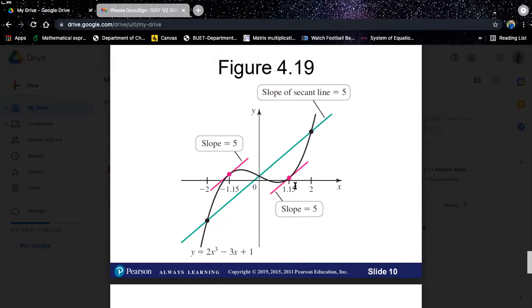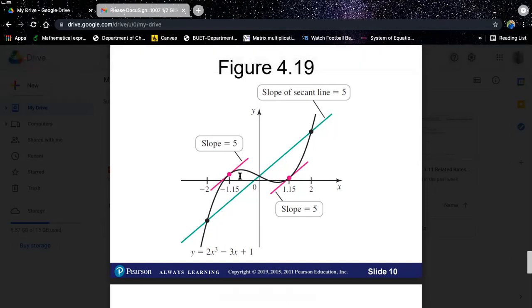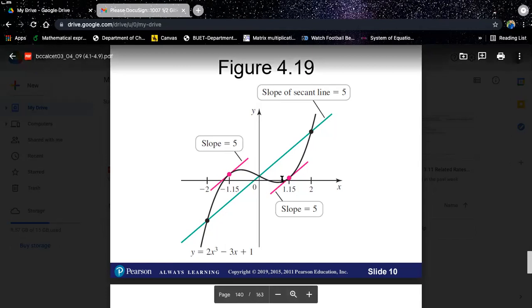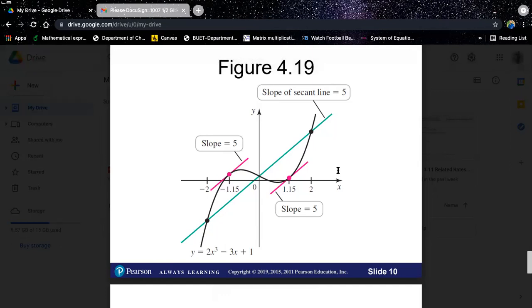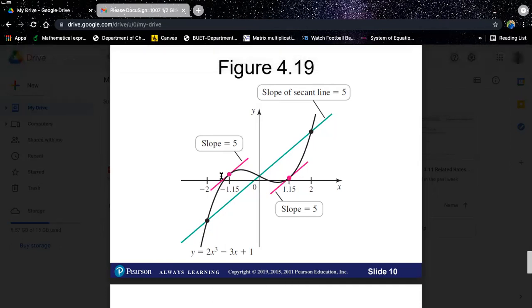That means if we draw a tangent line at that point, its slope will be equal to the slope of this secant line. And you can see we have more than one, right? For this graph, although it's already worked out, we'll see how to do this a couple of minutes later, but we can see there could be more than one point like this where the slope of the tangent line could be equal to the slope of the secant line.